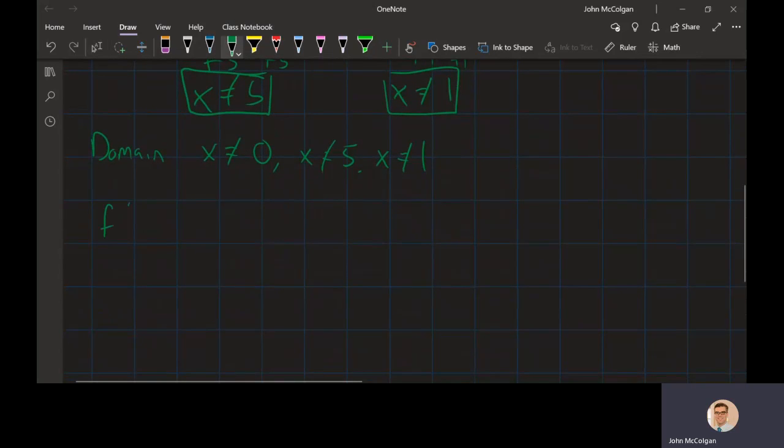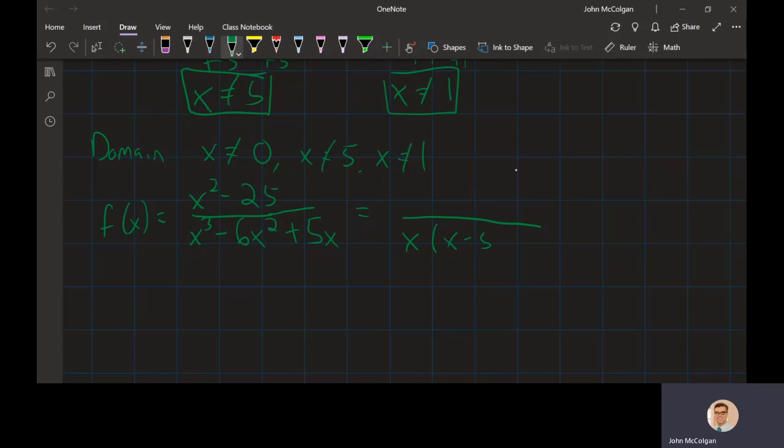Let me see. f of x is equal to, I'm just going to rewrite it, x squared minus 25 over the denominator, which was x cubed minus 6x squared plus 5x. And we already know what the denominator factors into. That factors into x times x minus 5 times x minus 1.